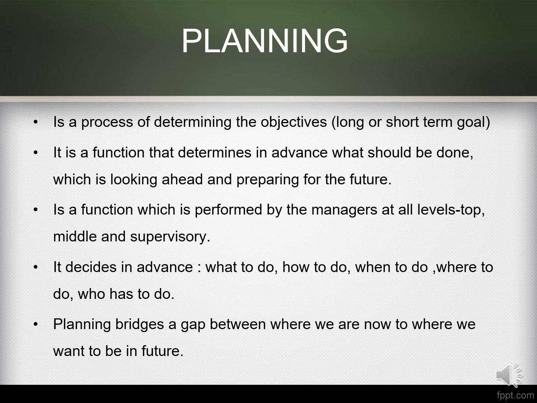It is performed by managers at the top, middle, and supervisory levels. It decides in advance what to do, how to do it, when to do it, where to do it, and who has to do it.